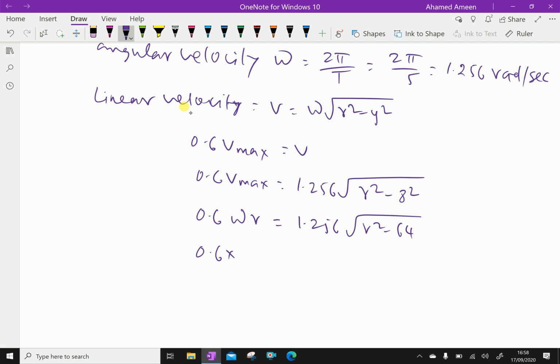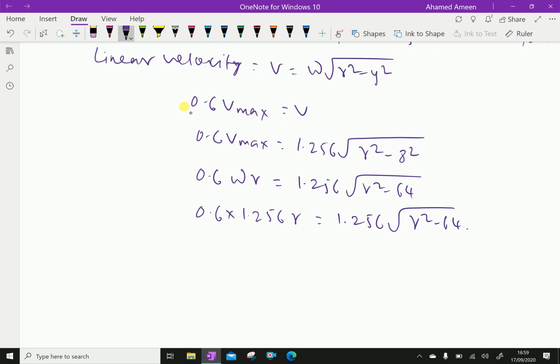So 0.6 into 1.256 r equals 1.256 into square root of r squared minus 64.